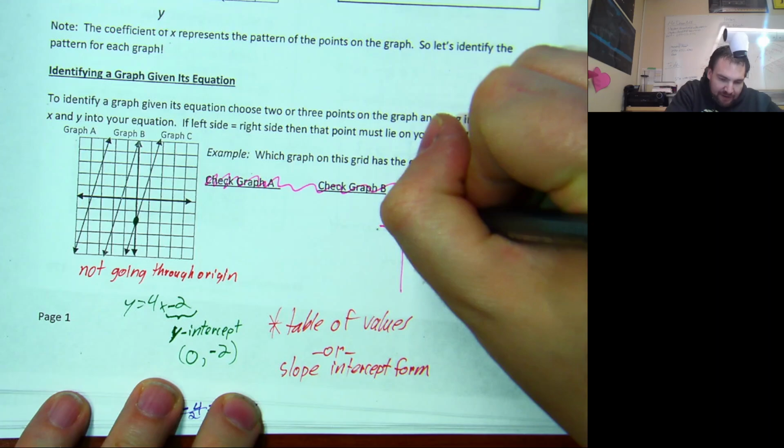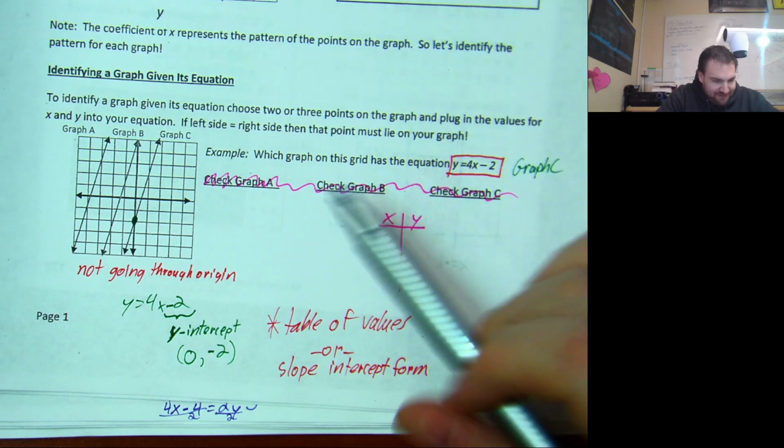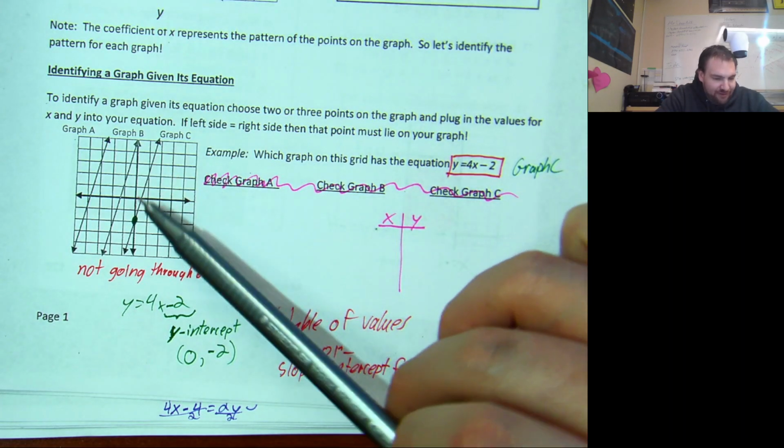I've got my x, I've got my y. Someone give me 3 values for x. Doesn't matter what they are, as long as they fit within the axes there. It's got to fit on my grid. Careful, look here.